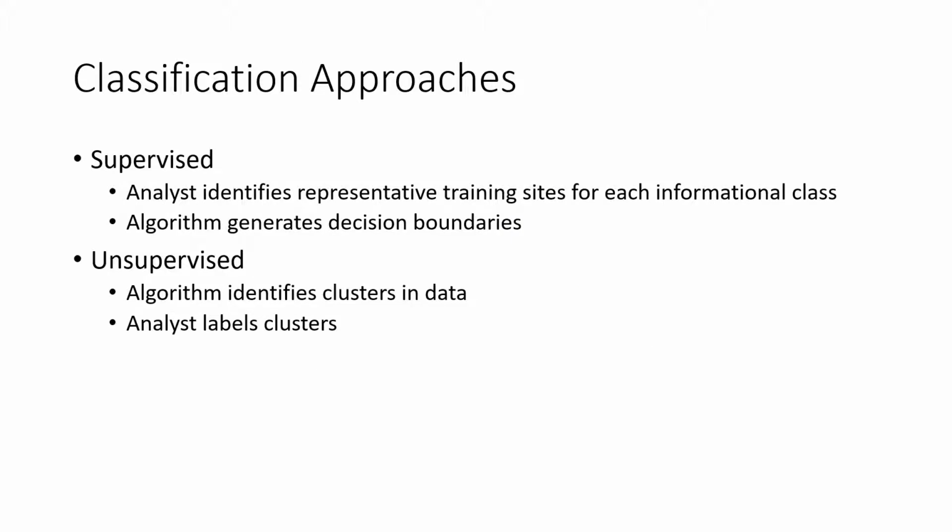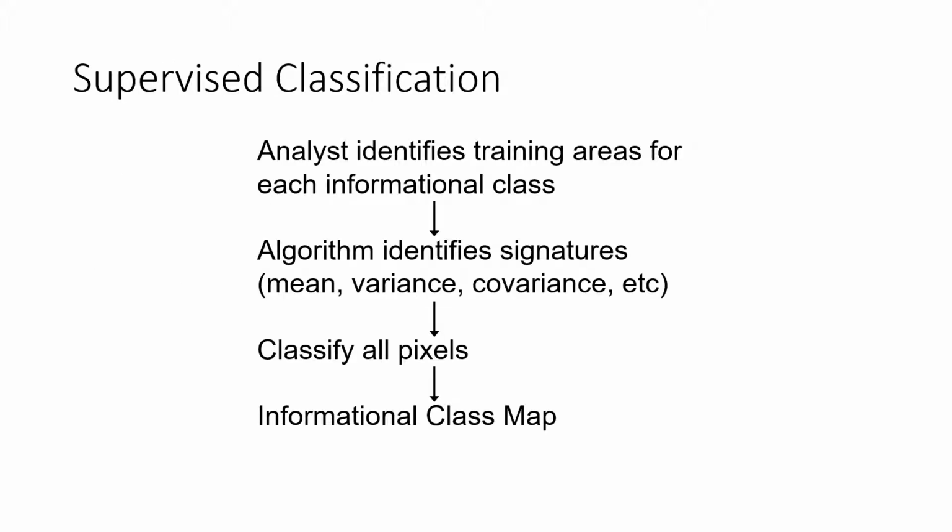There are two approaches: supervised and unsupervised. In supervised, you have to identify representative training sites for every class you want to identify. It then generates decision boundaries. In unsupervised, it uses a cluster algorithm to figure out where the clusters are, and then you have to go in and decide and label what those clusters are. The process works like this.